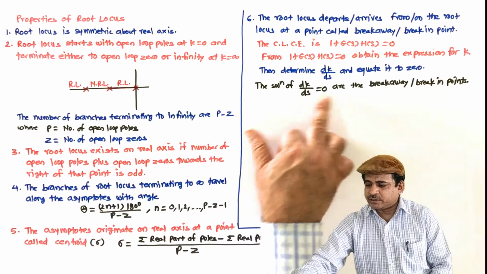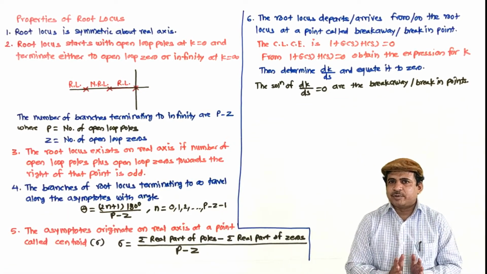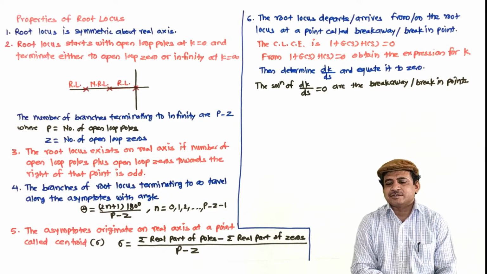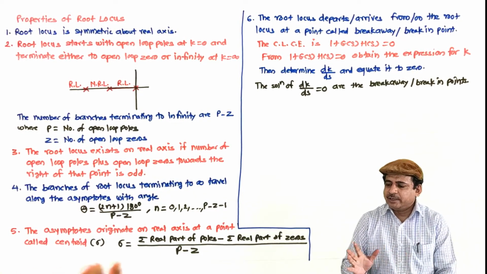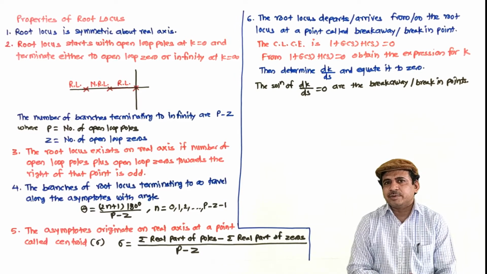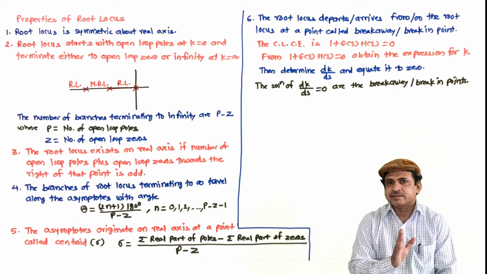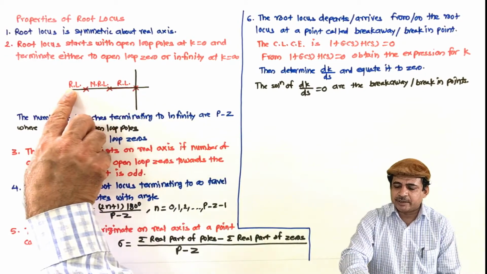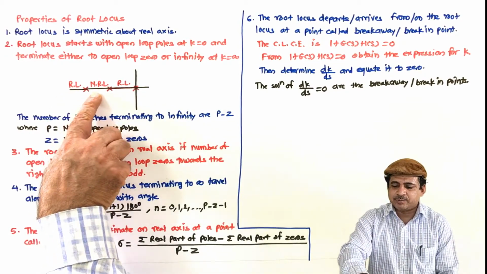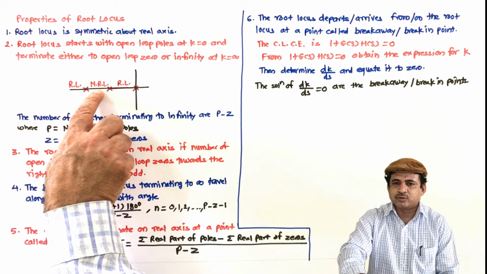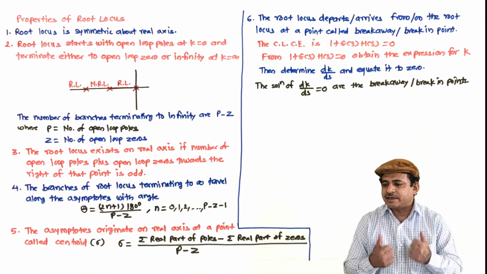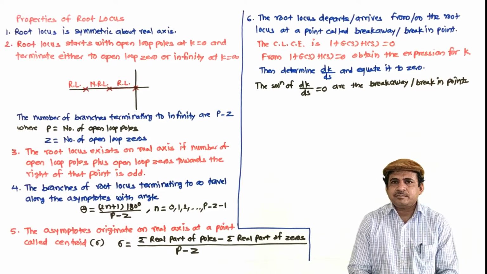Now all the solutions of these equations are not the breakaway or break-in points. For that we need to check the existence of root locus on the real axis. Say for example, if we get three different breakaway points, and one falls here, the other falls here and the third one here. That means the breakaway point falling here where the root locus does not exist is invalid, and the remaining are considered as breakaway points.